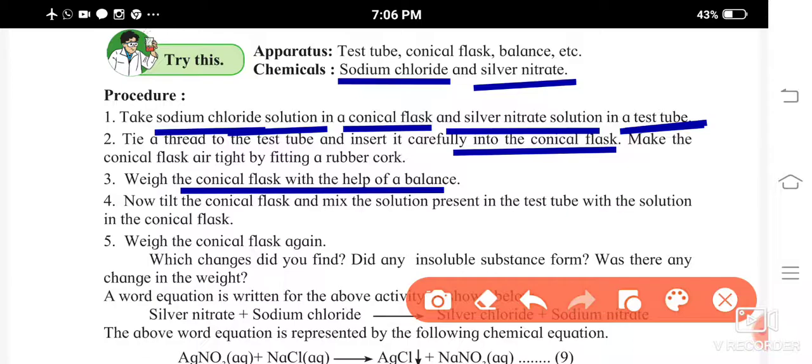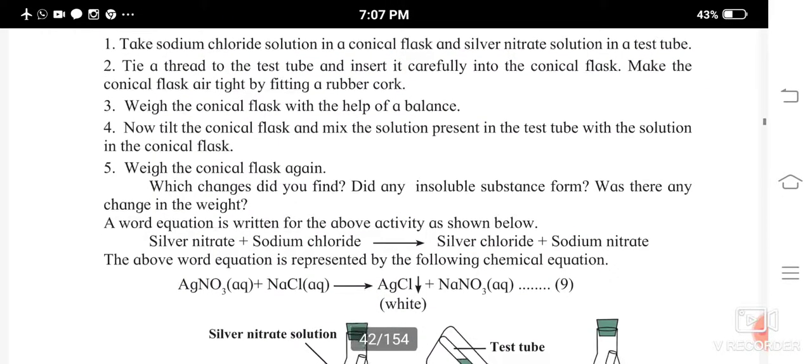So in the conical flask, you are going to take sodium chloride. In the test tube, you are going to take silver nitrate solution. This test tube, you are going to insert inside this conical flask, and make the conical flask airtight by fitting a rubber cork. Then weigh the conical flask with the help of a balance.